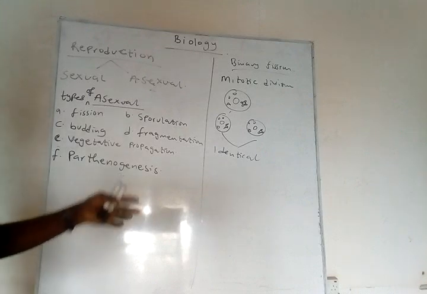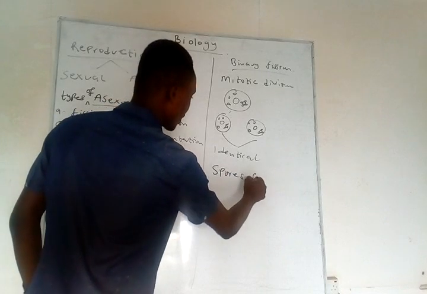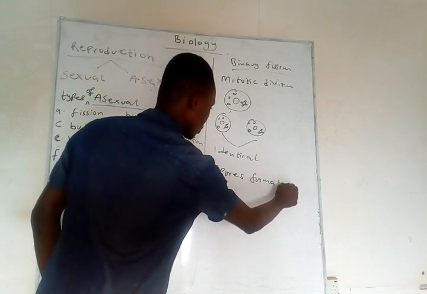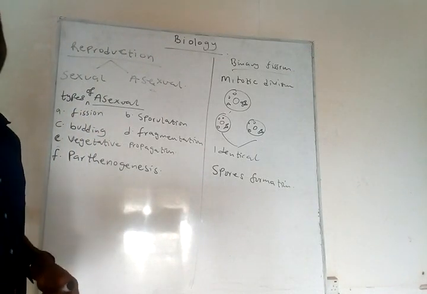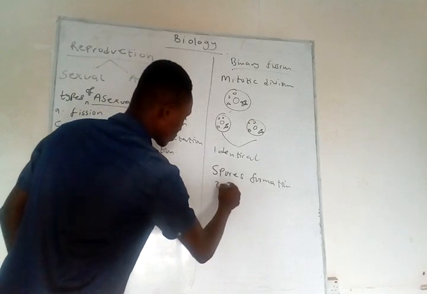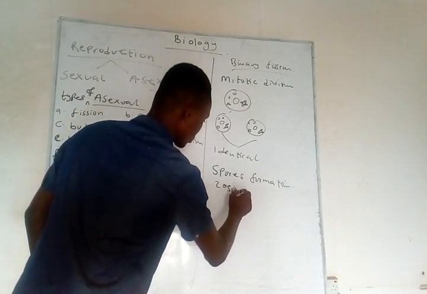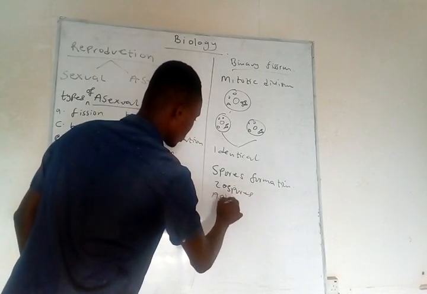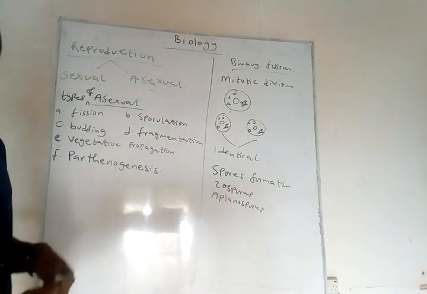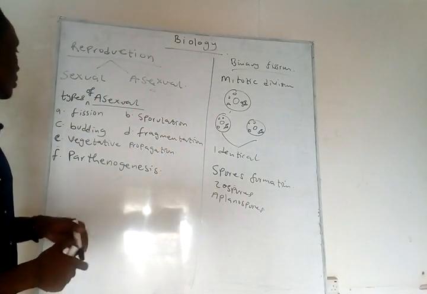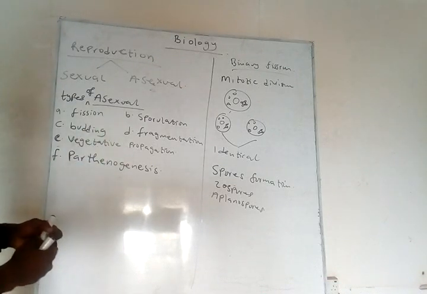So sporulation is dealing with spore formation, and these spores result in the other organisms. We have the zoospores and the aplanospores, the motile and the immotile spores. Basically, we will not talk about that now.